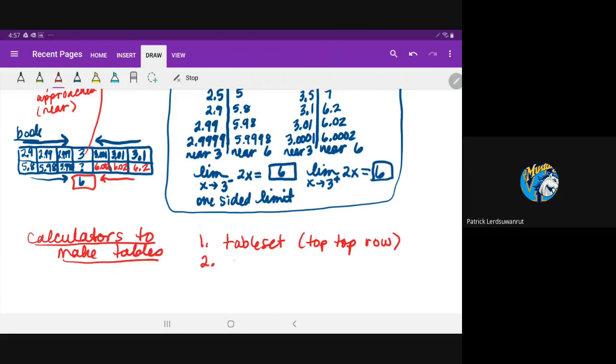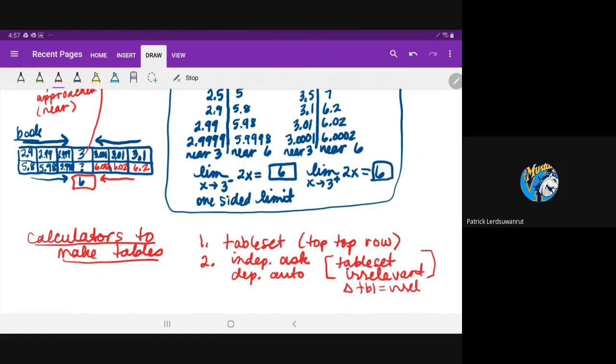Number 2 is you're going to change the independent variable to ask, and the dependent variable, you're going to have auto. Table start is irrelevant when you get there, but we're just writing this out first. And delta table is also irrelevant. So that's for auto, but you don't need that for ask.